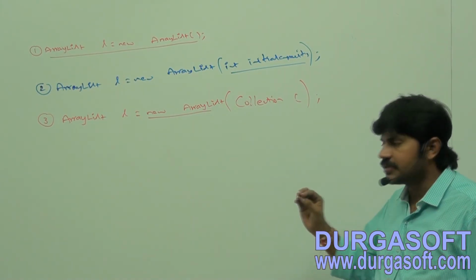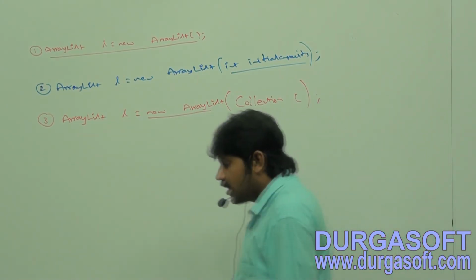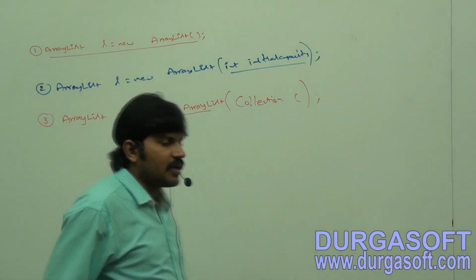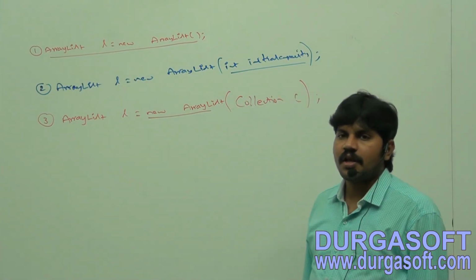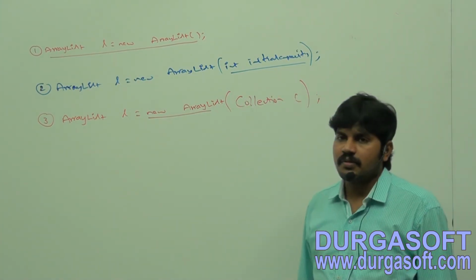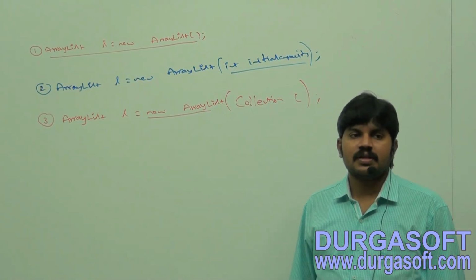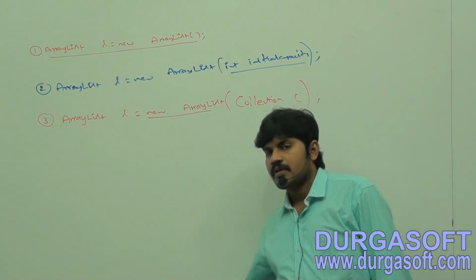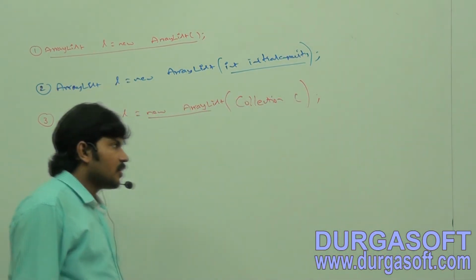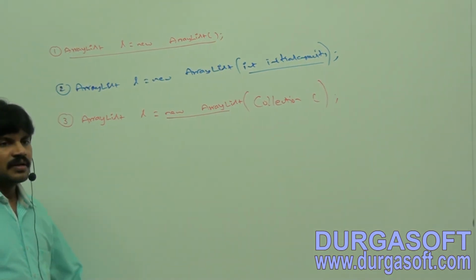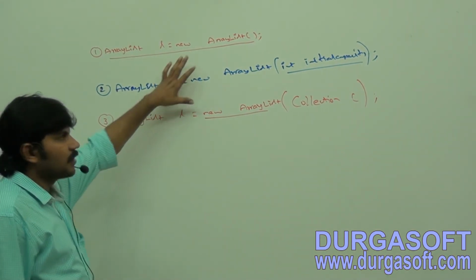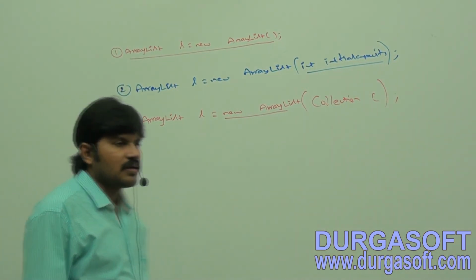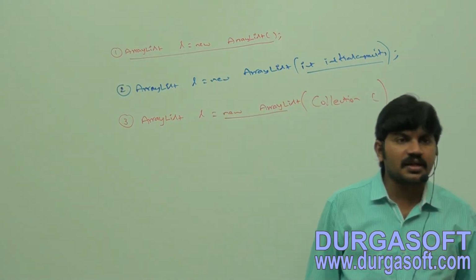Here the theory: it creates an equivalent array list object for the given collection. Okay, that's all. Completed up to this. Not required to keep any more explanation, right? These are the three constructors we have in the ArrayList class.